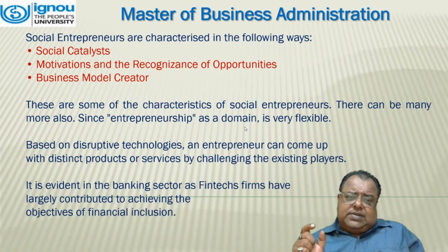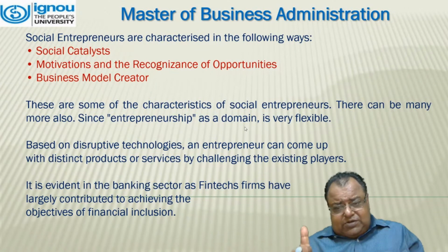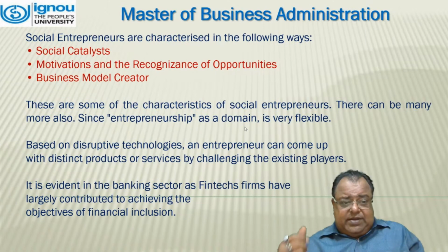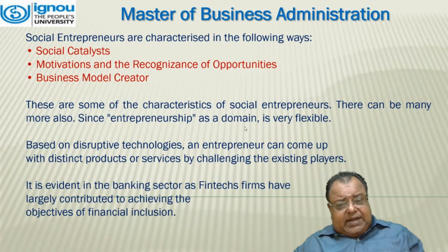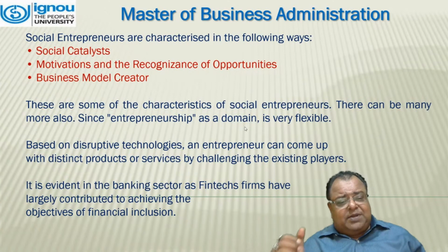Social entrepreneurs are characterized in the following ways: social catalysts, motivations, recognition of opportunities, and business model created. These are some of the characteristics of social entrepreneurs, and there can be many more also, since entrepreneurship as a domain is very flexible.